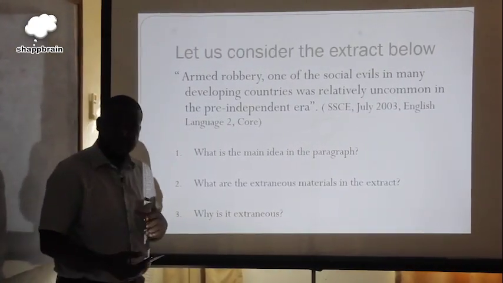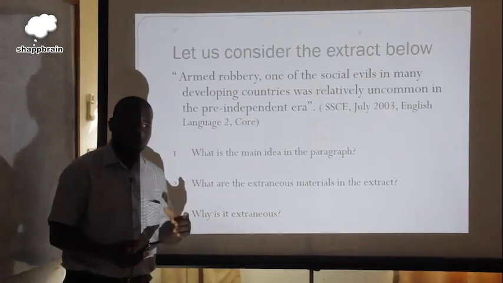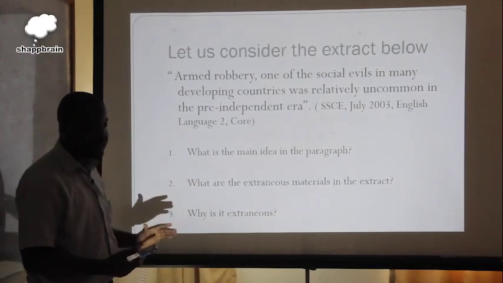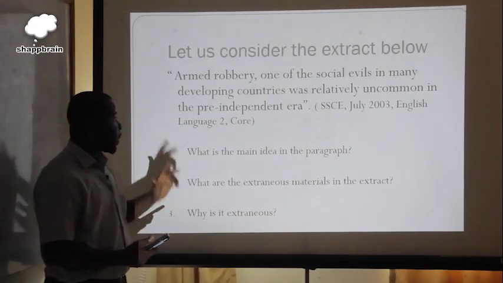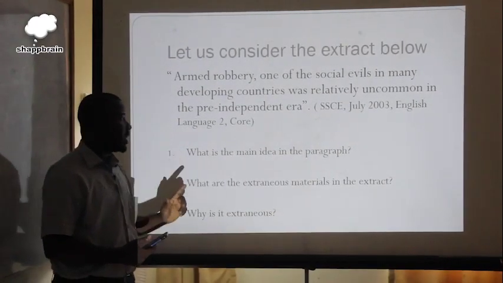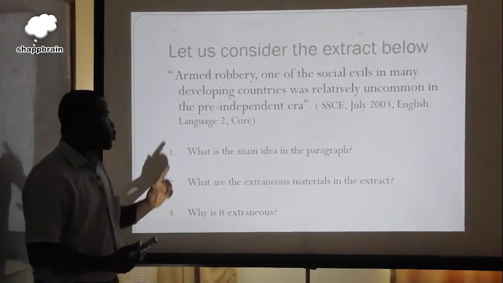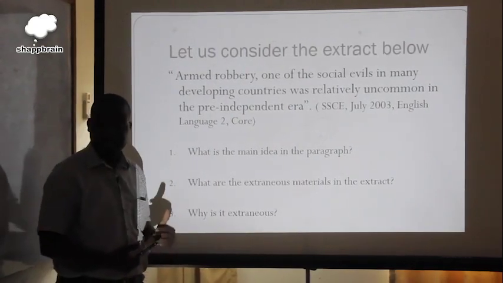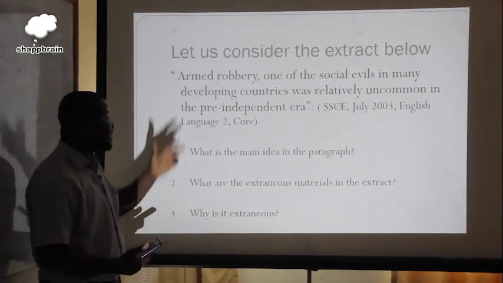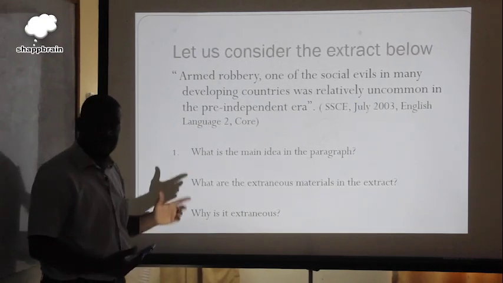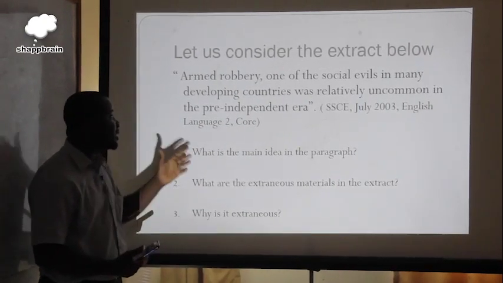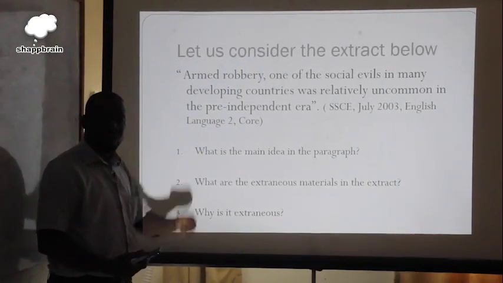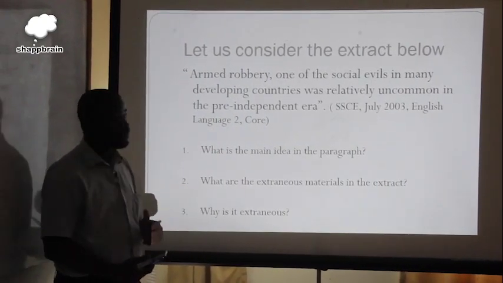We are going to look at a sample, an example of how your answer should look. What you see here is an extract which came in the English language paper of 2003, written in July. I'm reading, so please follow exactly so that we will be able to understand the main point and how to get the correct answers out of this extract.